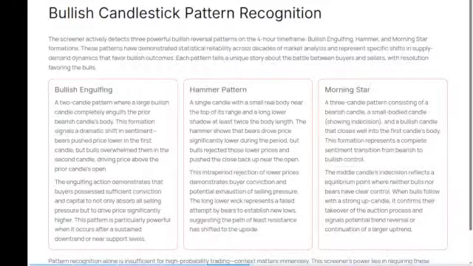Let me see if I can find a better presentation.